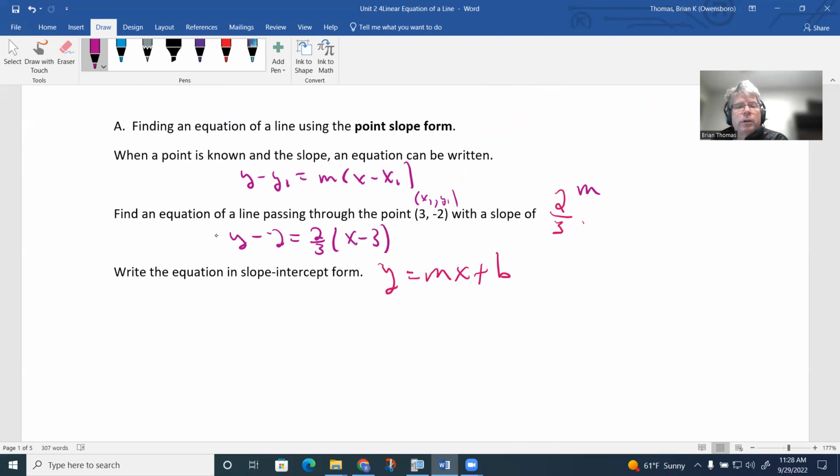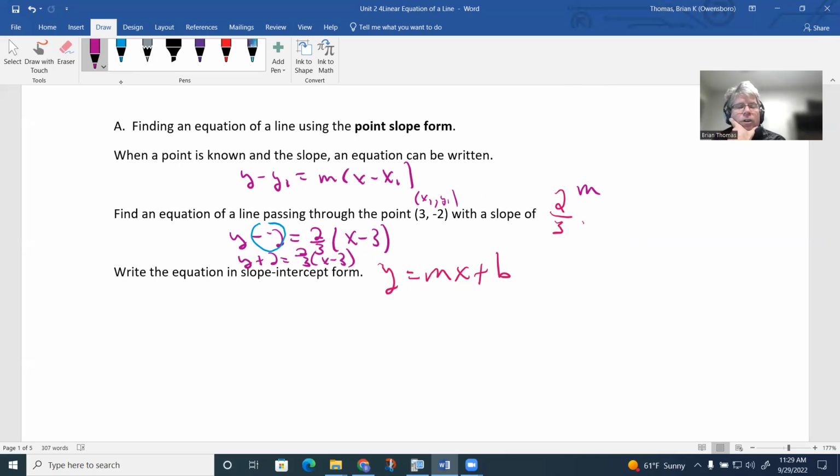Now I can clean this up a little bit because we have this double negative over here. So that's about the only thing I really want to do, is clean that up and just say, hey, this becomes then y plus 2 equals 2/3 times x minus 3. So from there, they don't want us to stop with that.